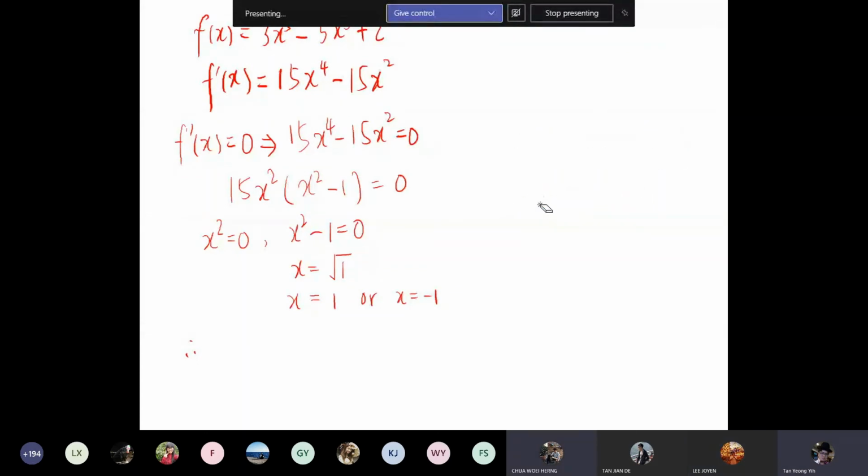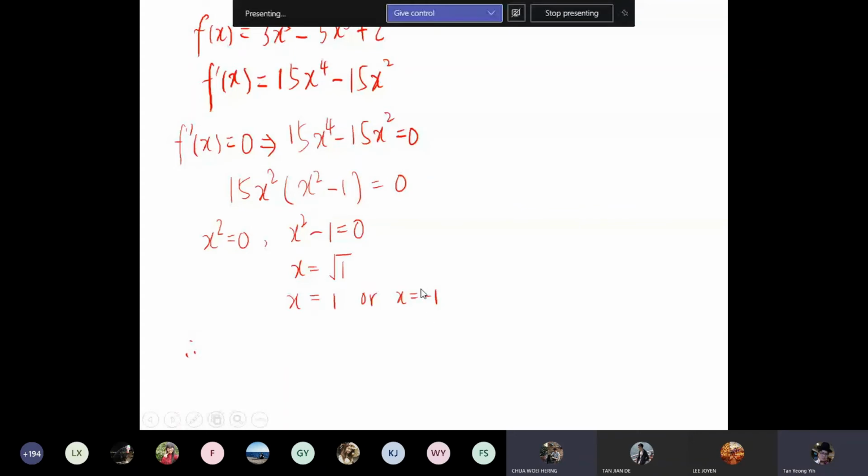So after that, yes. Why is it not square root 1 and negative square root 1? You mean here? What is your question again? You're asking why it becomes 1 and negative 1?